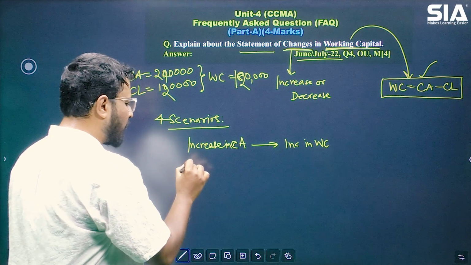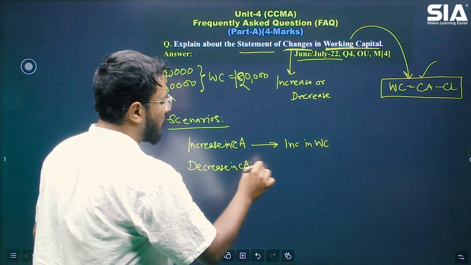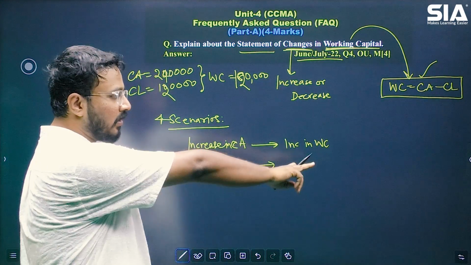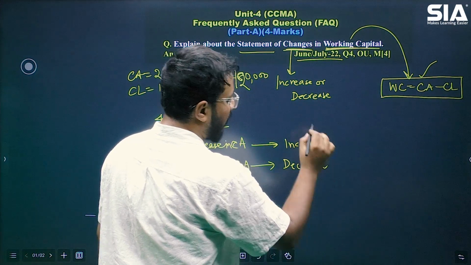So reverse logic will apply when there is decrease in current assets. अगर increase in current asset is leading to increase in working capital, this will lead to decrease in working capital.